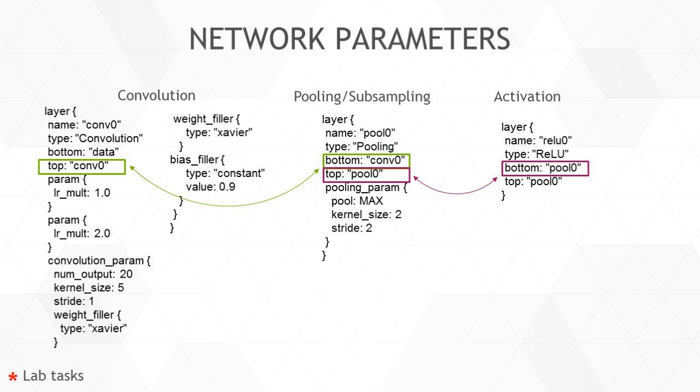Just like when I define the convolutional layer, I give it a name, but my type is different. So in this case, I'm pooling, right? And then I can decide my stride and kernel size here as well.